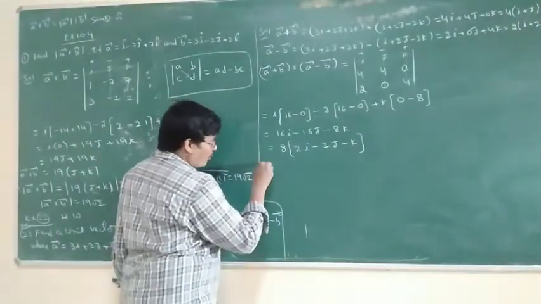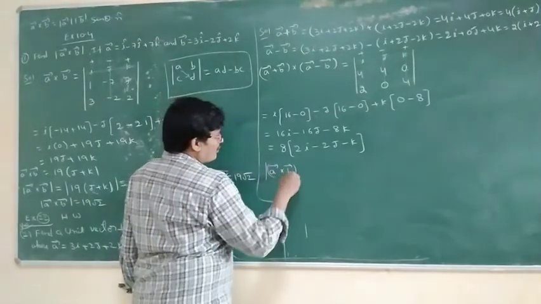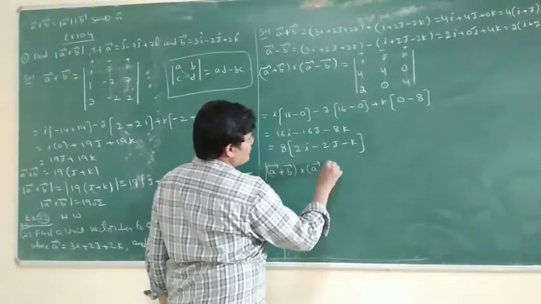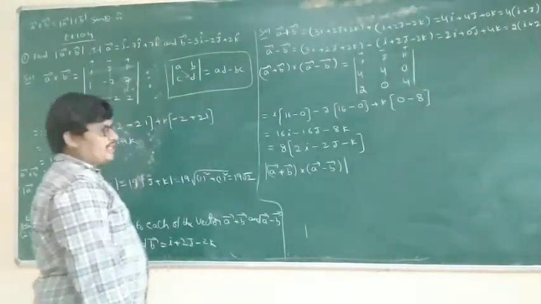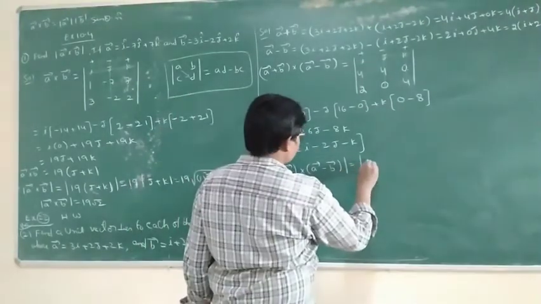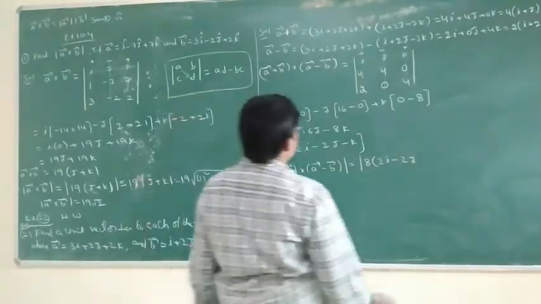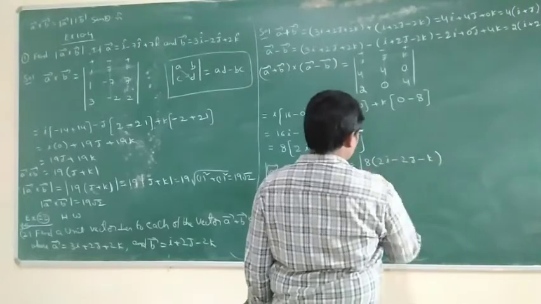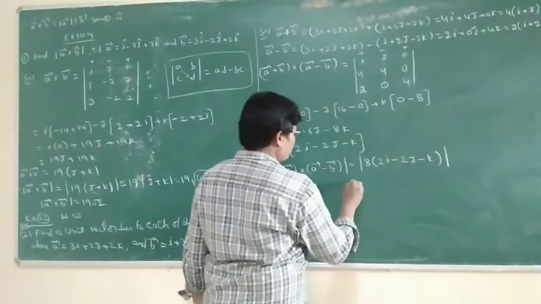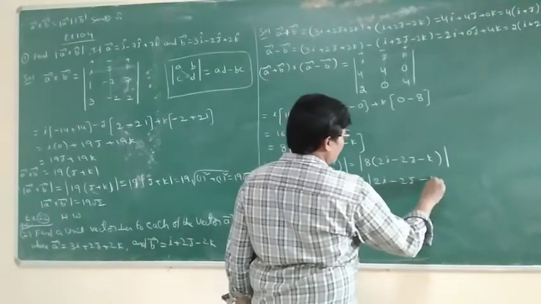So next, the modulus of (a bar plus b bar) cross (a bar minus b bar), the modulus of the vector. So that is equal to modulus of 8 into (2i minus 2j minus k), which is 8 into modulus of (2i minus 2j minus k).